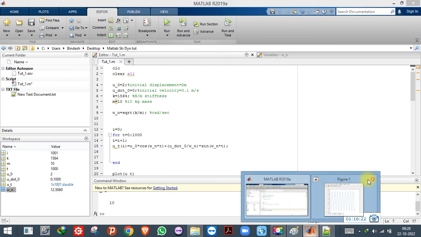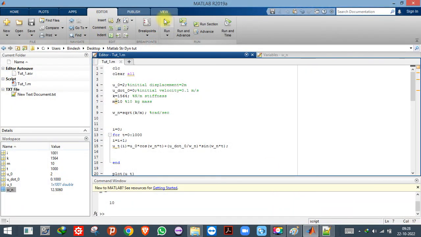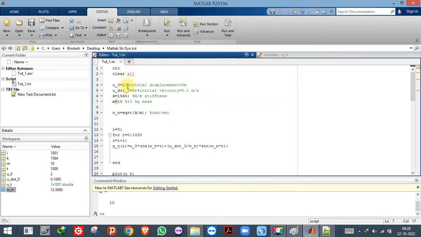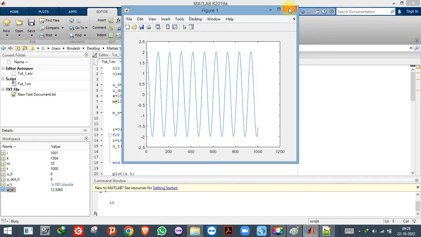Okay, let us keep the velocity 0, and the initial displacement is also 0, then there will not be any response. Let us keep some value, no problem.